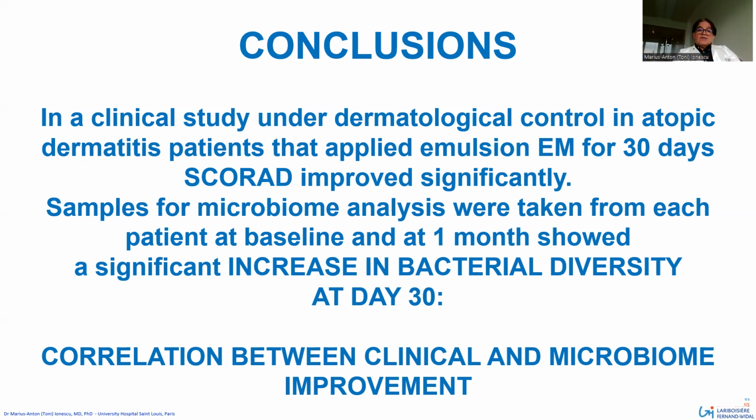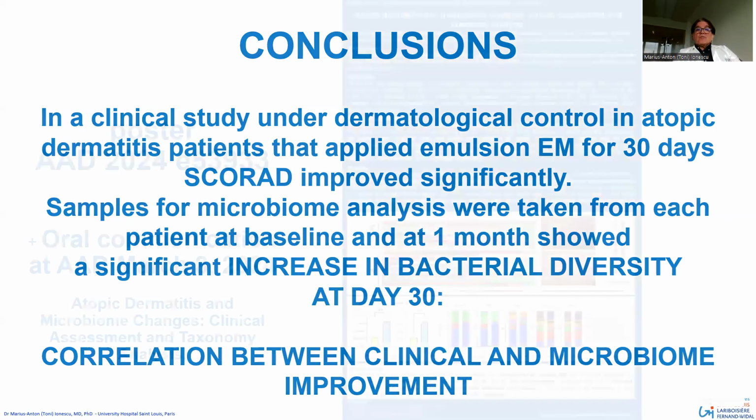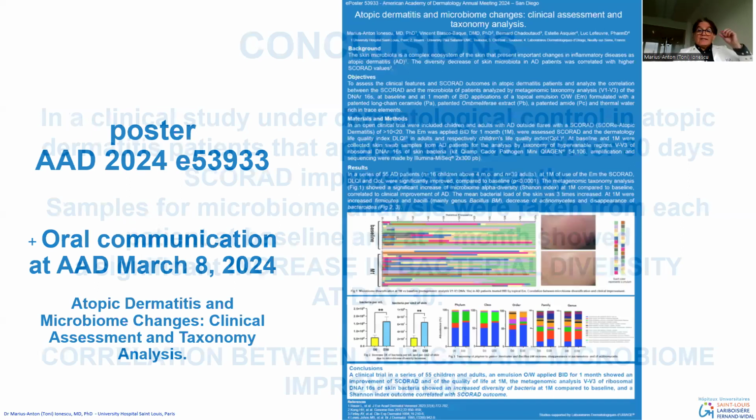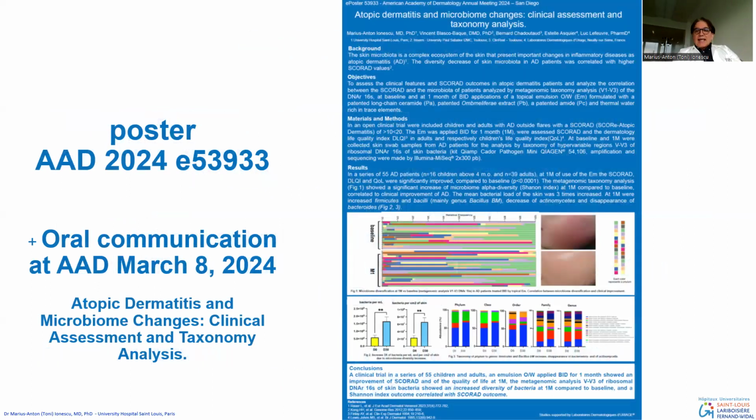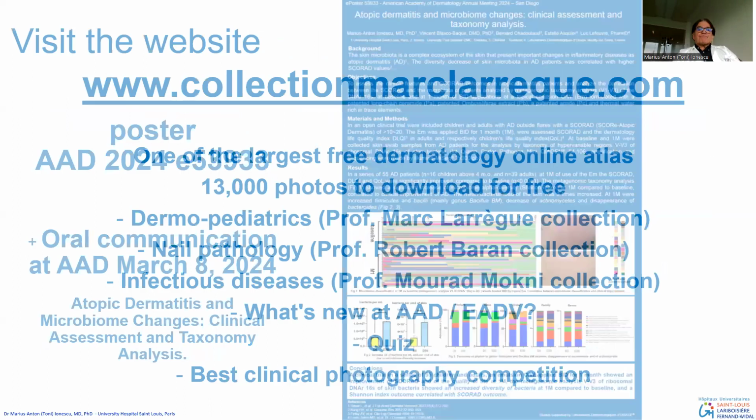So there was a correlation between clinical and microbiome improvement. This is the poster that you can download, and if not, Professor Aline Tato will send you both posters that he has available, and he can share them with you.